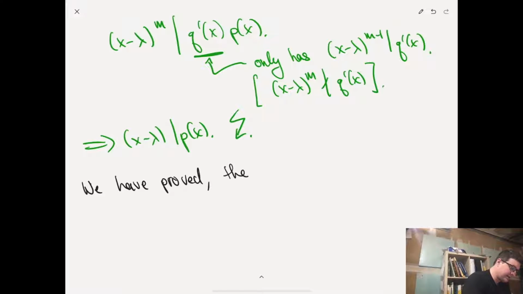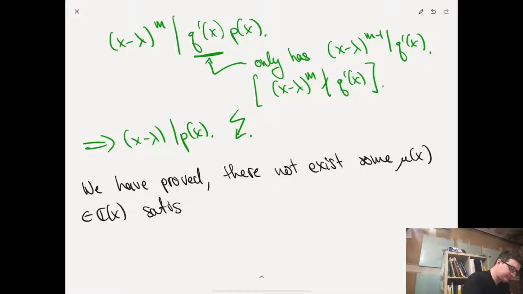there does not exist some mu of x in C(x) satisfying Liouville's criterion.